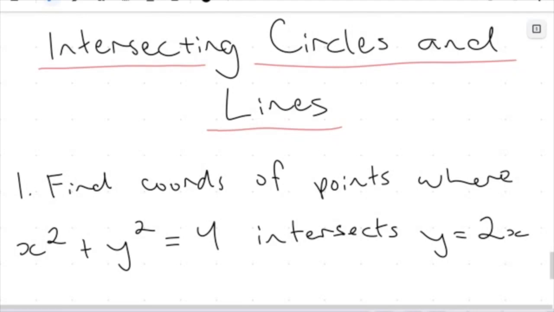We are talking today about circles once again, but we're going to take this idea of sketching circles one step further and look at how we can apply this idea of intersection between multiple graphs. So we're looking here at intersecting circles and lines.